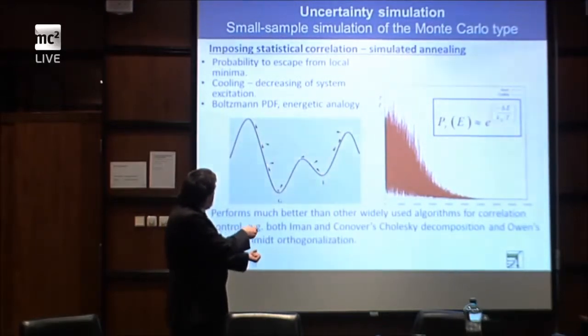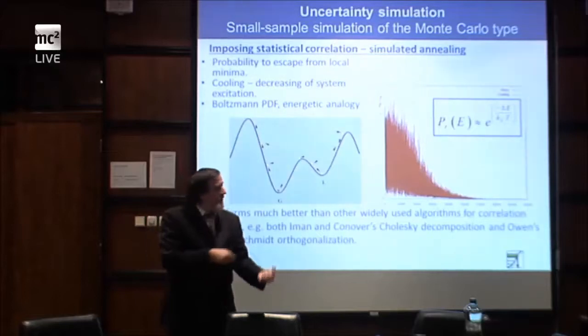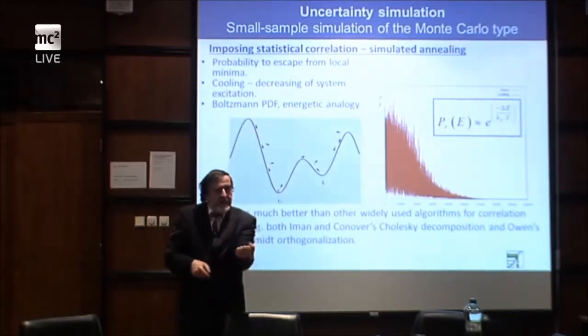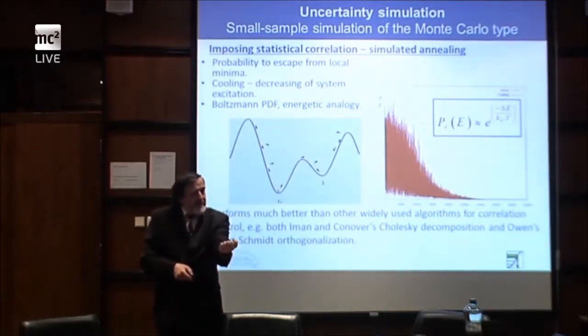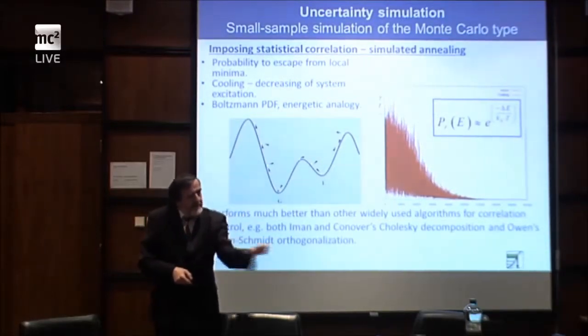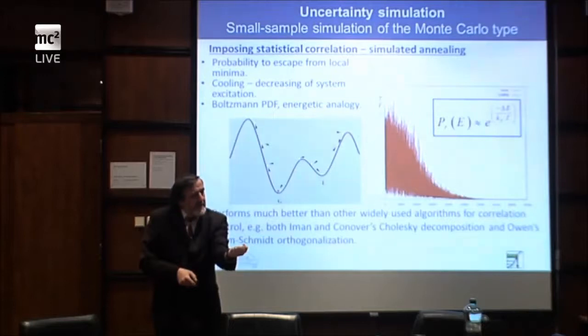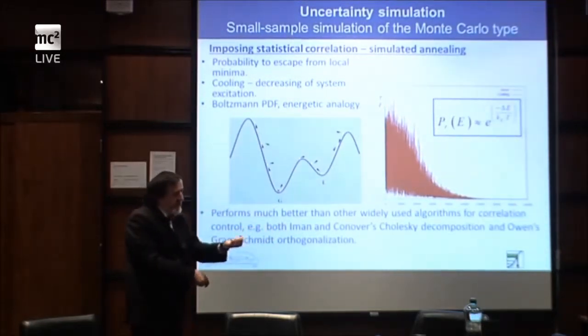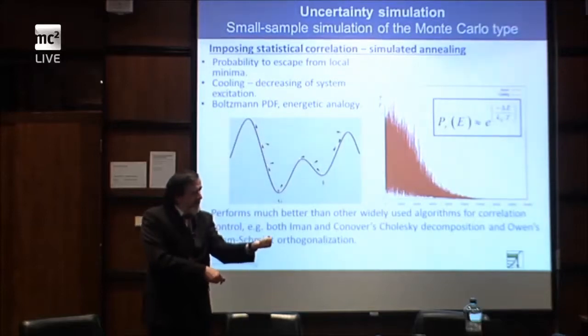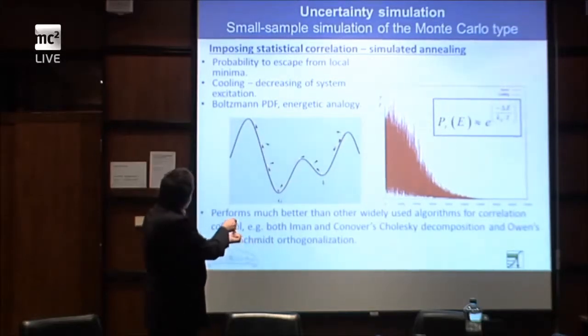So have a look, for example, at this energy landscape, and this is a ball. If I take this energy landscape and shake it at the beginning very randomly, very widely, the ball is jumping from local to global minima and vice versa. Then I decrease the level of excitation, so it means I decrease the system excitation.